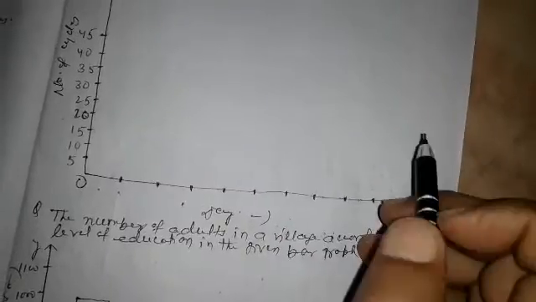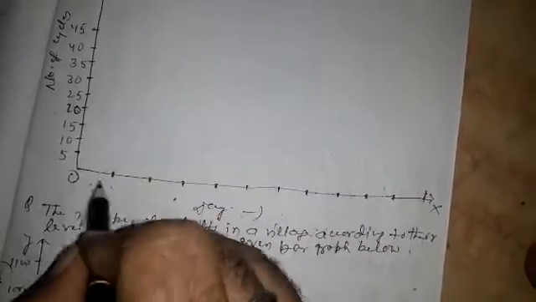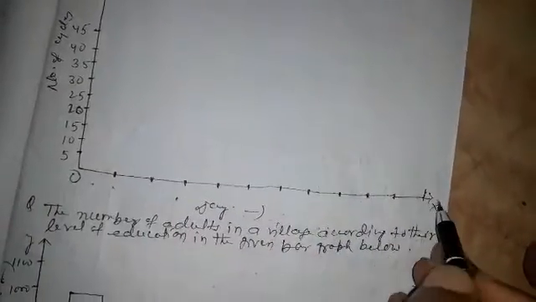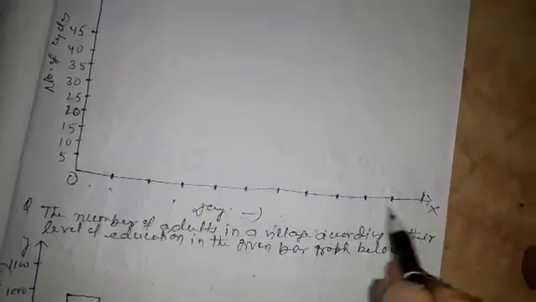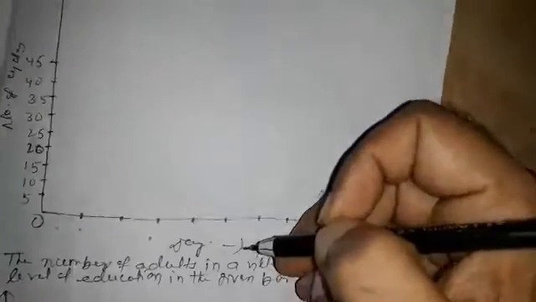Here we have to draw a bar graph. So first we draw two axes, x-axis and y-axis. The horizontal axis is called the x-axis, denoted OX, and OY is the vertical axis.